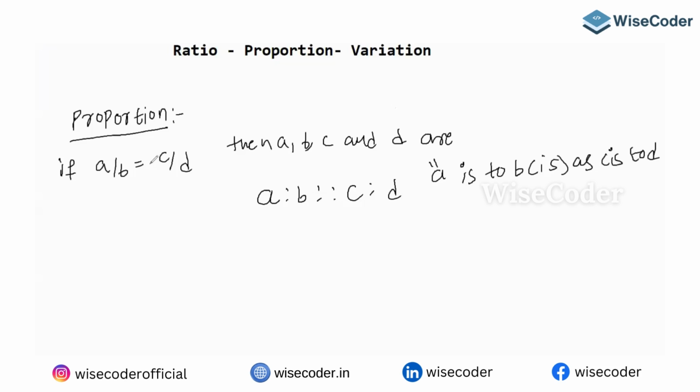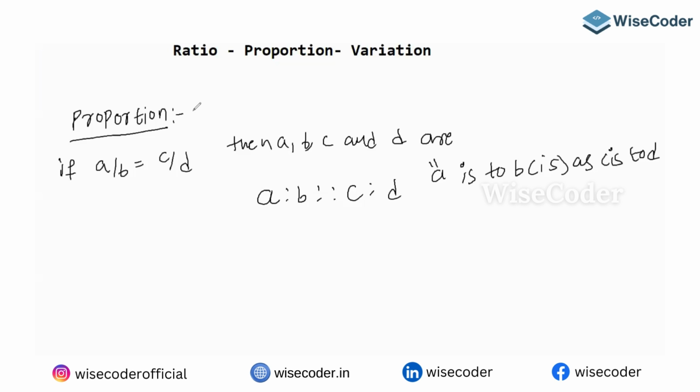So please write down everyone. When two ratios are equal, then the four quantities involved in the two ratios are said to be proportional. If A by B is equal to C by D, then A, B, C and D are proportional.